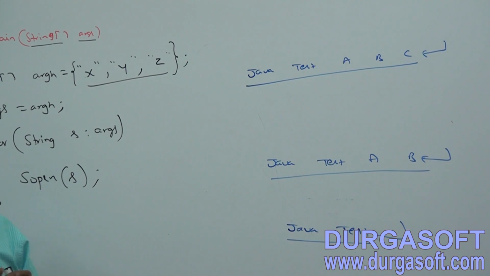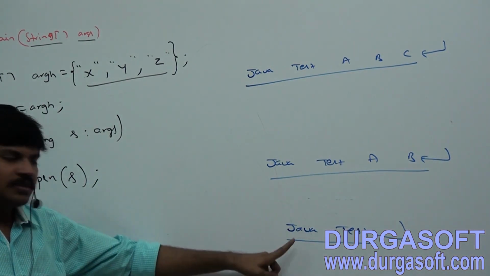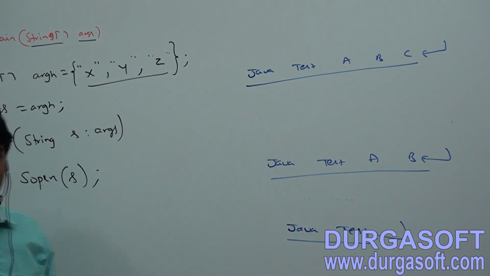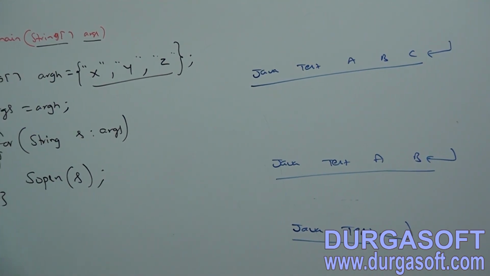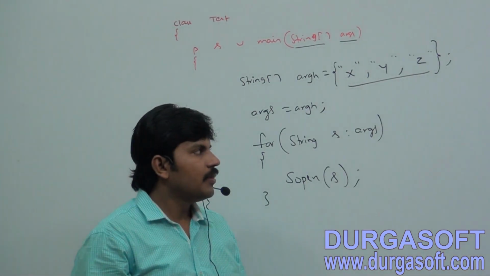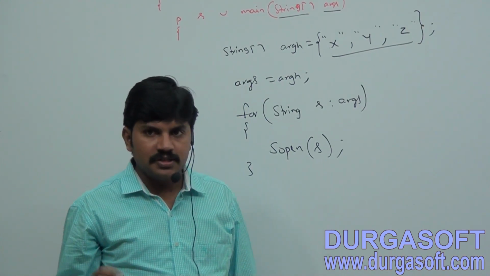Can you tell what output we are going to get by default? In the first case, what is the answer? x, y, z. Second one?